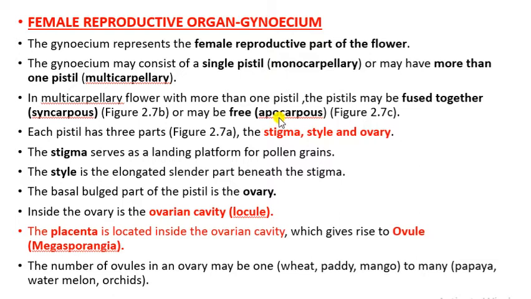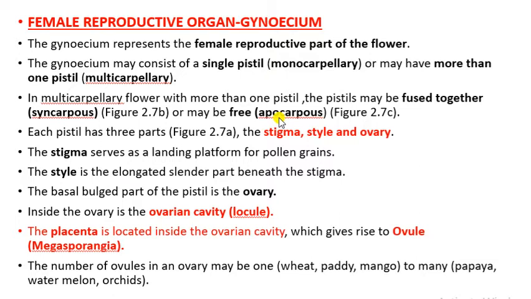So a multicarpellary flower is further divided into two types, syncarpous and apocarpous. Syncarpous flowers are those in which the pistils are fused together, whereas apocarpous are those in which the pistils are free.